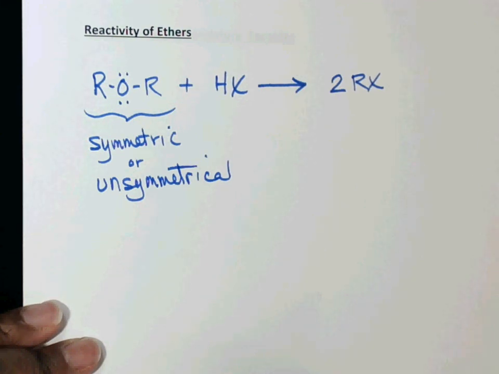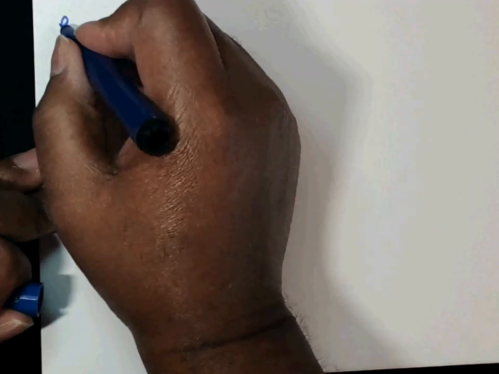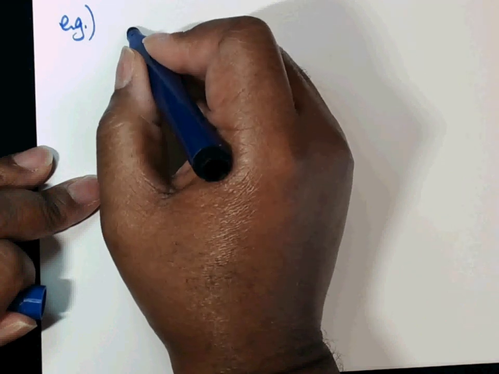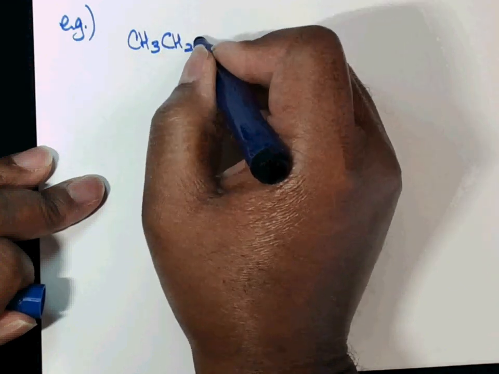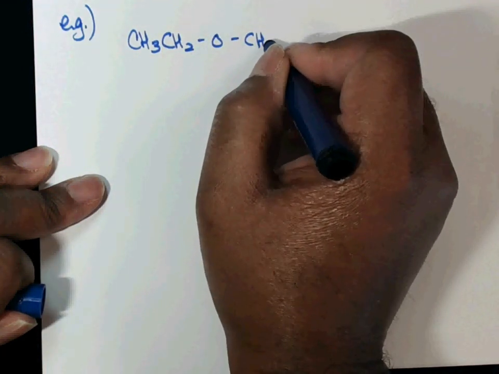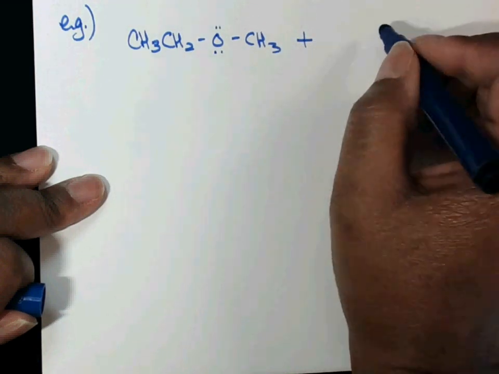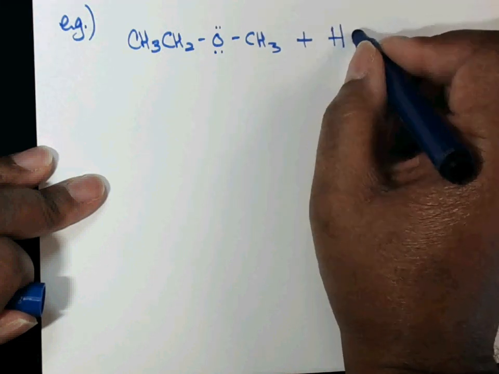So let's talk about how this comes about. For my example, I'm going to use an unsymmetrical ether. So I'm going to use ethyl methyl ether. And I'm going to react it with, let's say, HBr.